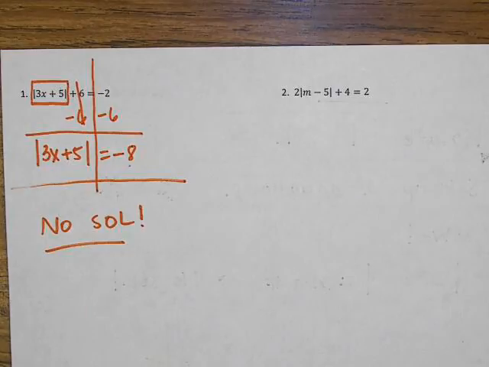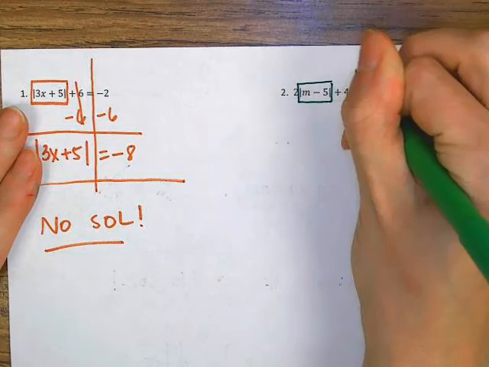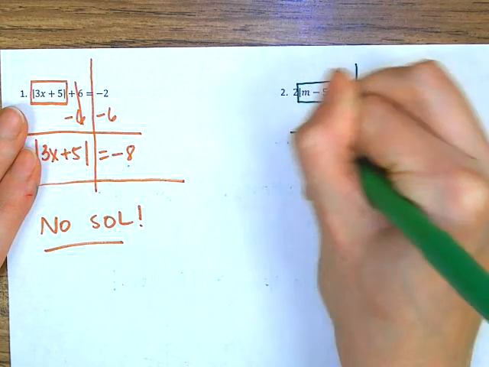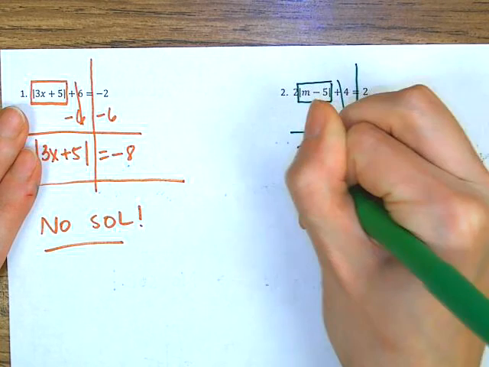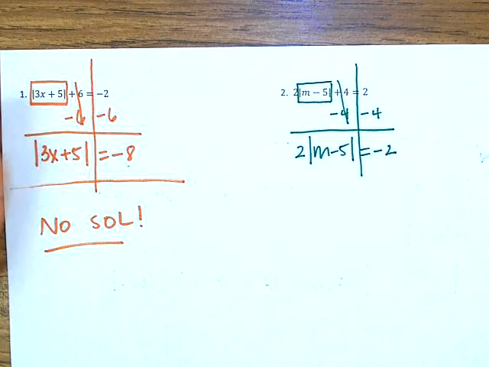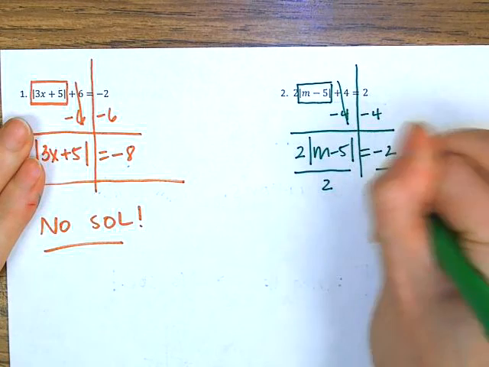All right, let's try one more like that. Number 2. Isolate first. So if you are attempting to isolate, we're going to draw our wall, and then minus 4, minus 4. We get 2 absolute value of n minus 5 equals negative 2. And then you can't distribute, so to isolate further, we divide by 2, divide by 2.